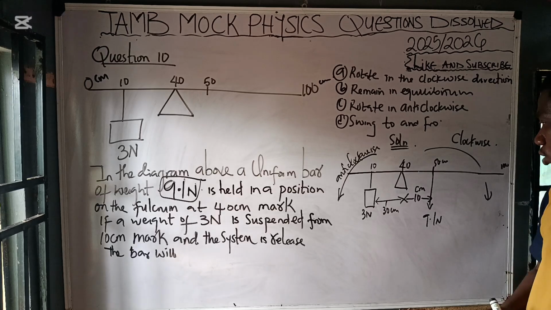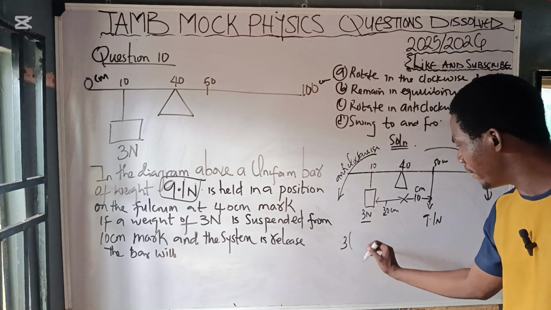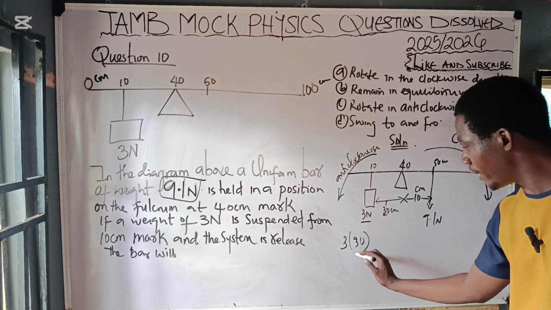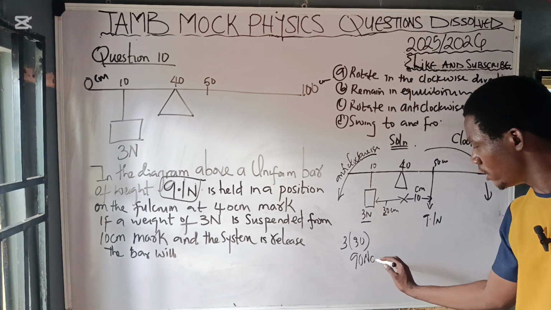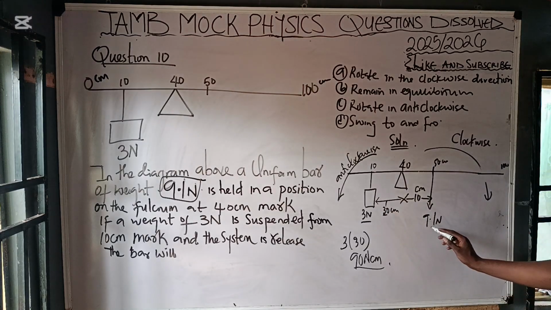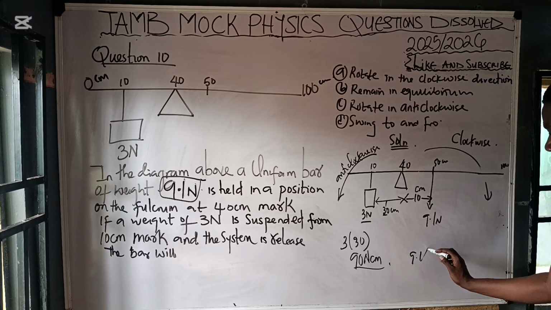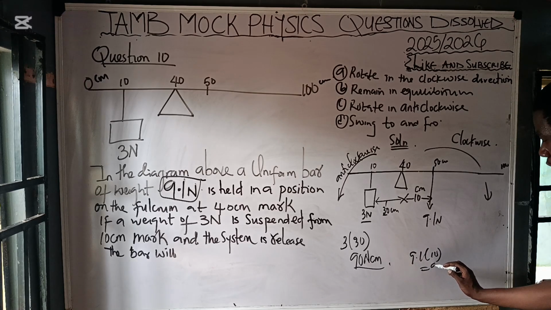Are we together? The moment is the force times the distance. So you have 3 times 30 here, and that will give us 90 Newton centimeter. We just multiply the force by the distance. Here we have 9.1 times 10, which will give us 91 Newton centimeter.